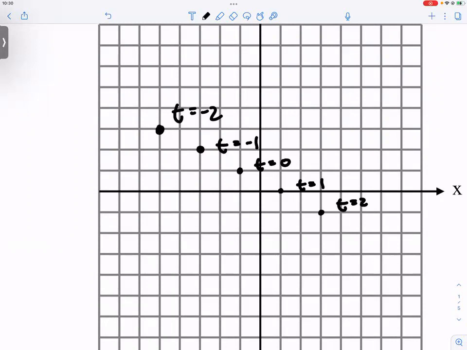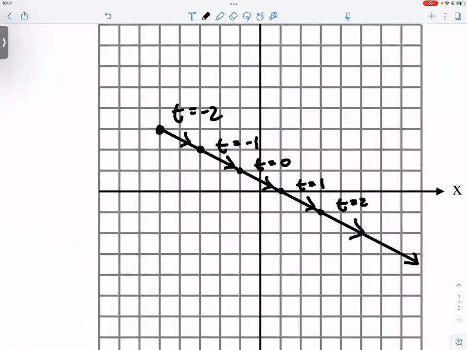And based on all these points, what kind of path or what kind of function do you see? Linear, right? So this is the way we draw the linear line. But that's more because we have a time. You can think about this as like a time-lapse video to show you the position of the particle.